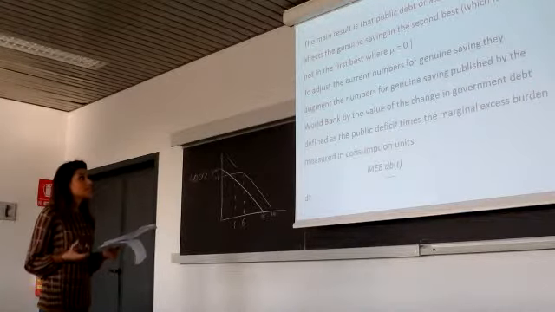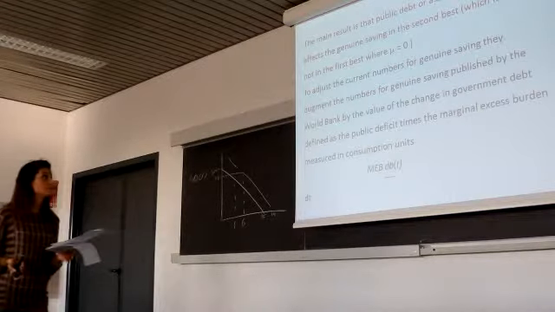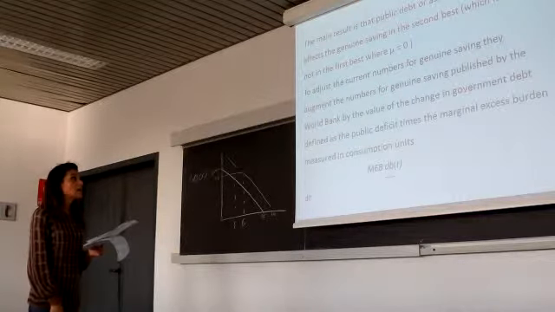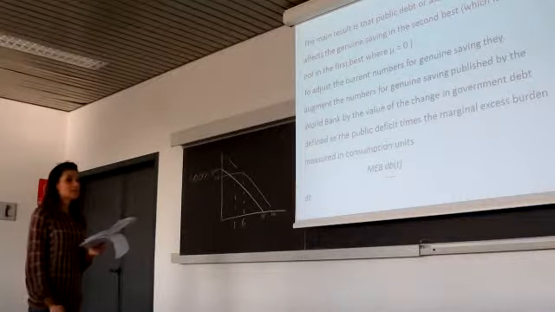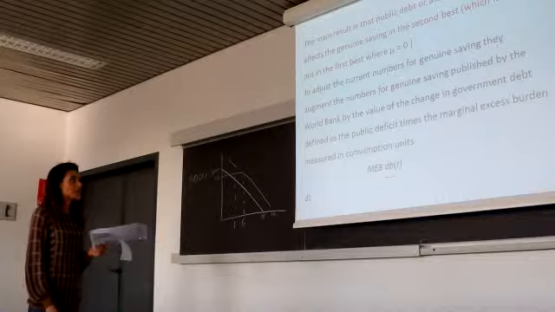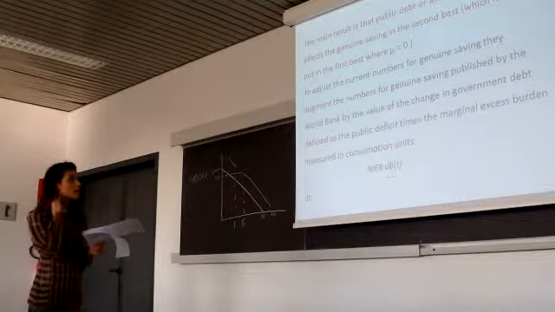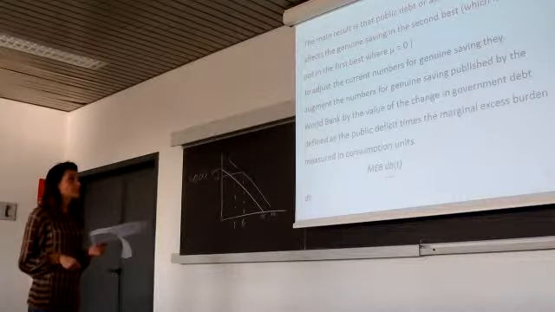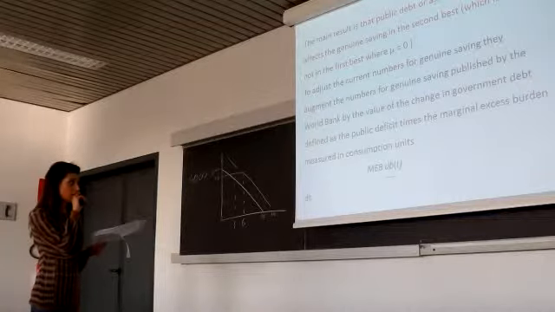The main result is that public debt or asset accumulation affects the genuine saving in the second best, which does not in the first best, where the marginal excess burden is equal to 0. And they simplify by adjusting the current numbers for genuine saving, and they augment the numbers for genuine saving published by the World Bank by the value of change in government debt, defined as the public deficit times the marginal excess burden measured in consumption units.